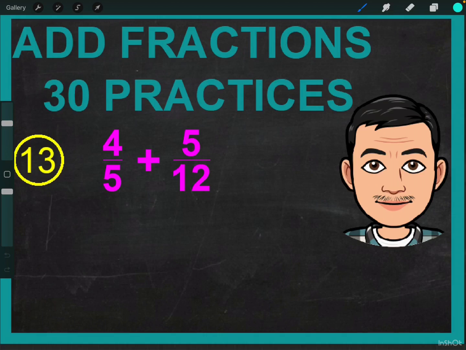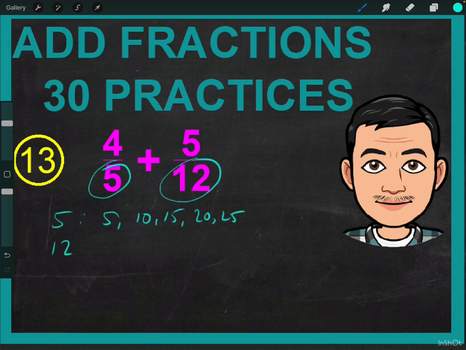Practice number 13. We have two fractions with different denominators. One is 5 and the other is 12. So we will go ahead and find the LCM for 5 and 12. For 5, we have multiples 5, 10, 15, 20, 25, 30, 35, 40, 45, 50, 55, 60.